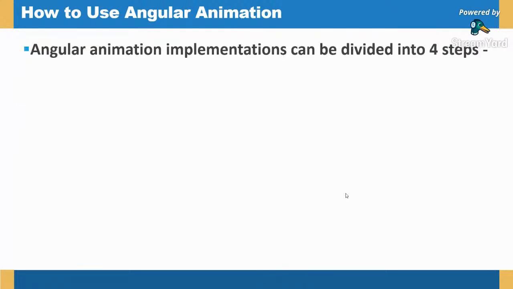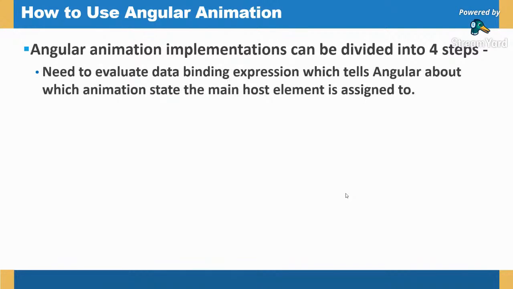Next, we need to implement Angular animations in our Angular components. Whenever we want to implement Angular animations in any component, we need to perform the implementation in four different steps. First, we evaluate the data binding expressions, which tell Angular which animation state the host element is to be assigned.